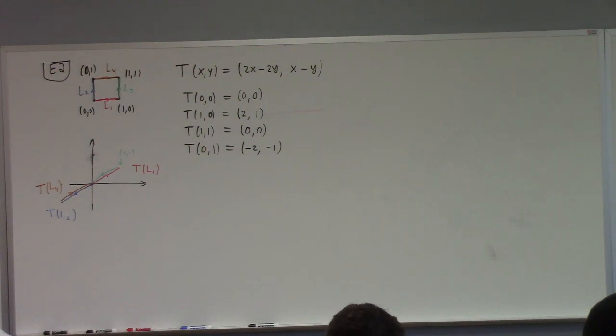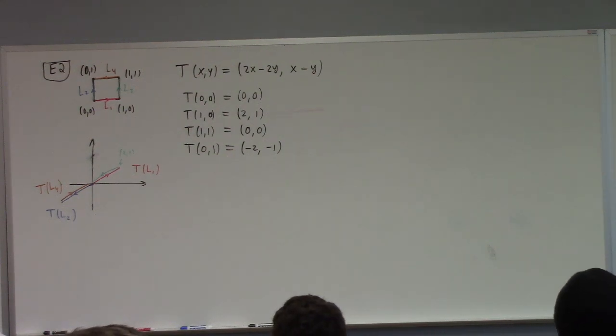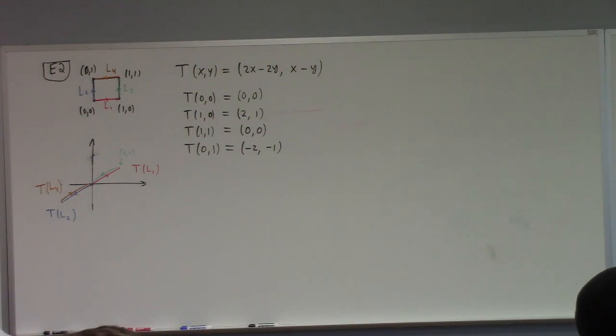So the image of every line segment here is a line segment, right? And I'd love to say that the image of a square is again kind of like a square, but that doesn't actually seem to happen, does it?